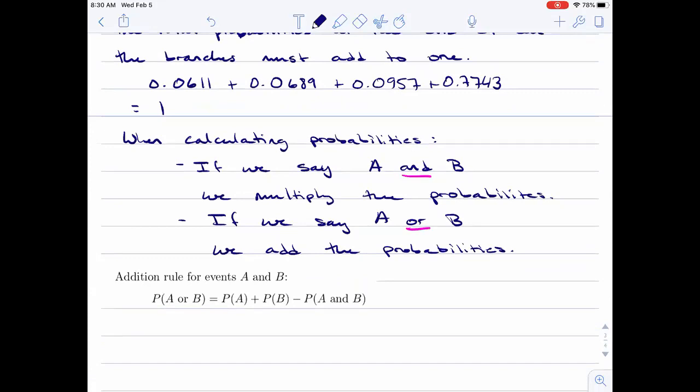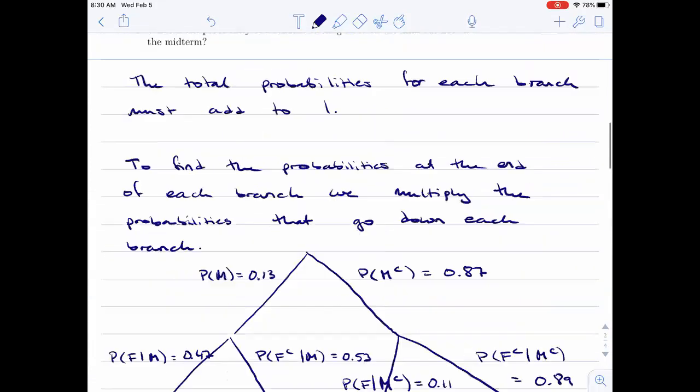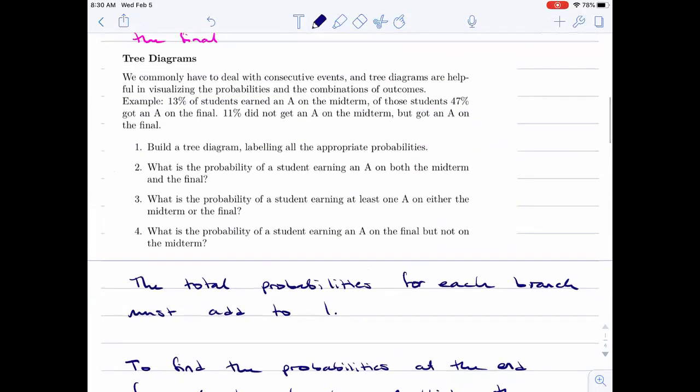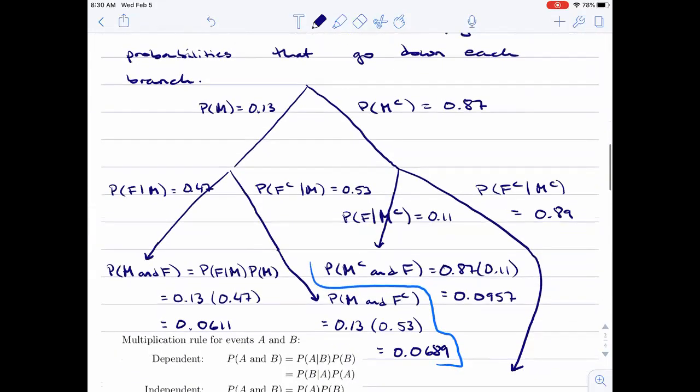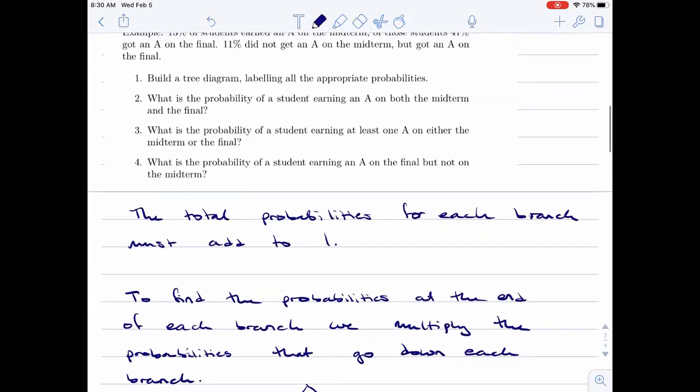What do I want to look at here? I guess I kind of ignored the questions. Build a tree diagram, labeling all the appropriate probabilities. Well, that's what we did here. The probabilities of each branch, and then the total of each branch. What's the probability of a student earning an A on both the midterm and the final? Right?